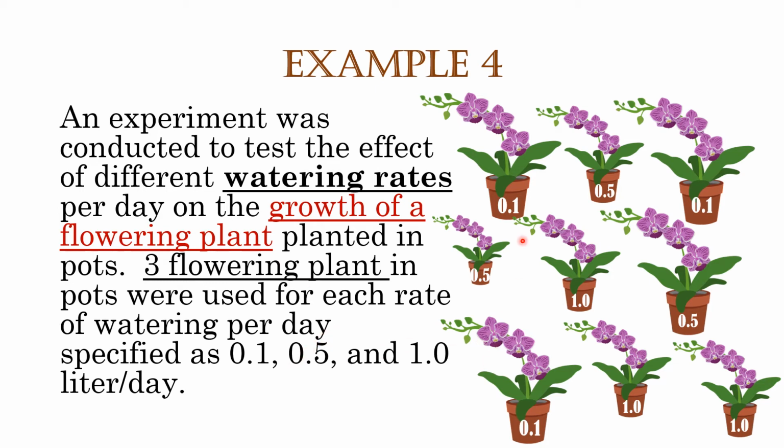With your layout, your arrangement, you can have the 0.1 here, 0.1 here, 0.1 here. So we have the 3 replications of watering. And then for the 0.5 watering rate, we also have 3 replications, and also for 1 liter per day, we have 3 replications.